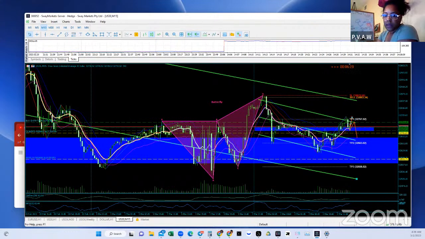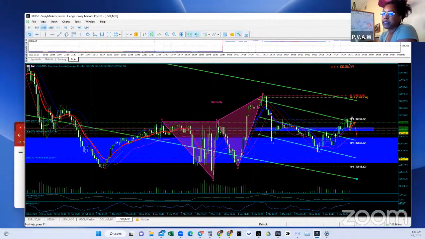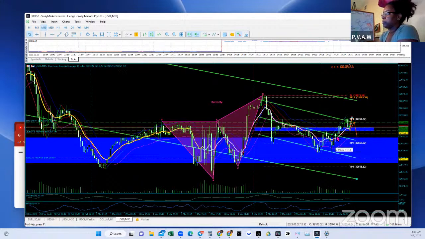And I said TP3, wait, no, here we go. I said we are at TP1 for 32767.52. I said currently from TP2 is where the market came from.